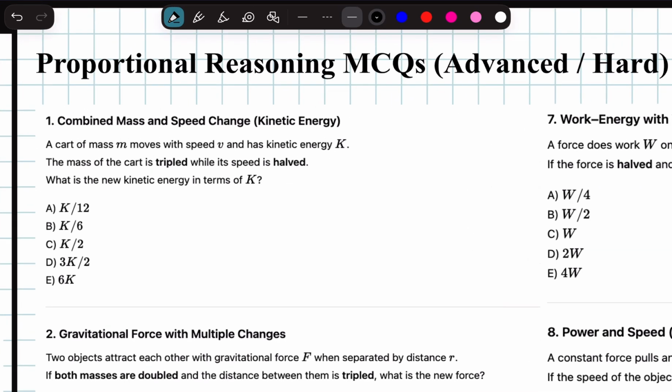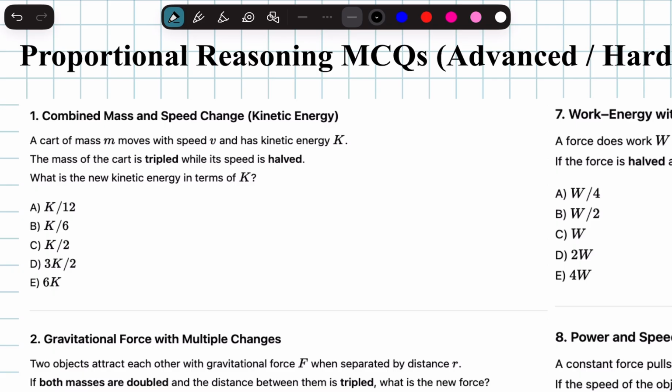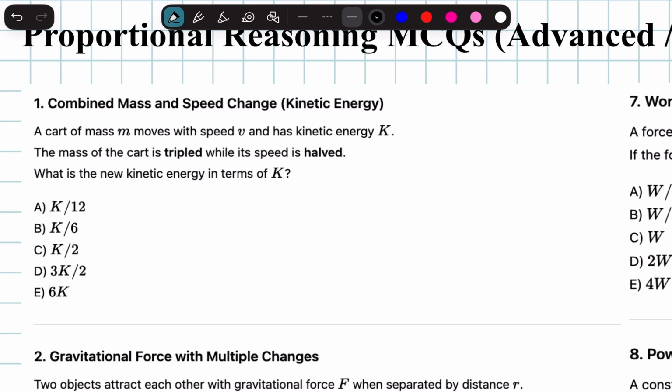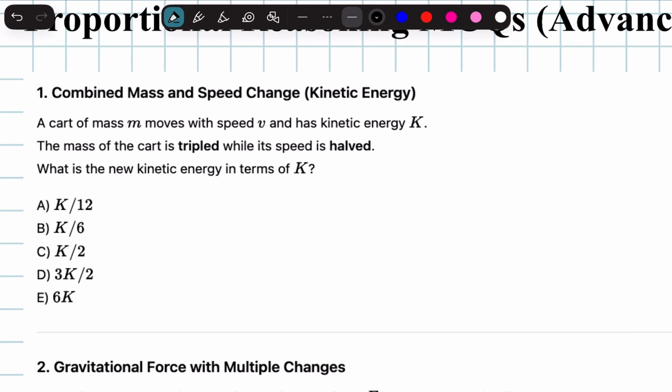So let's say we have a question about combined mass and speed change pertaining to kinetic energy. A cart of mass m moves with speed v and has kinetic energy k. The mass of the cart is tripled while its speed is halved. What is the new kinetic energy in terms of k?